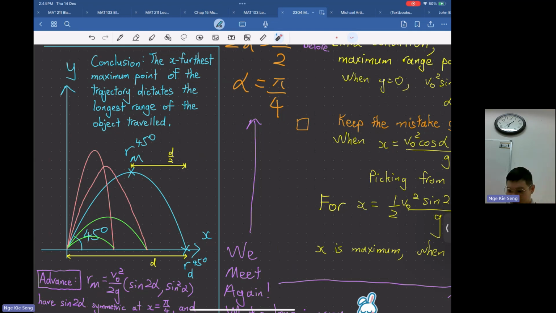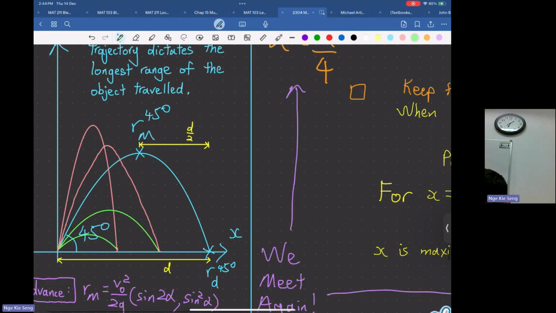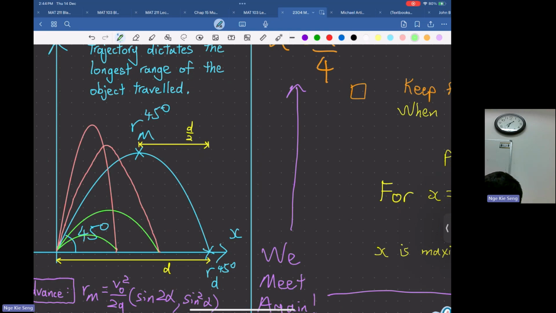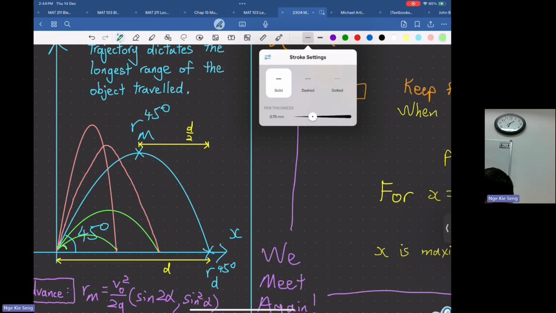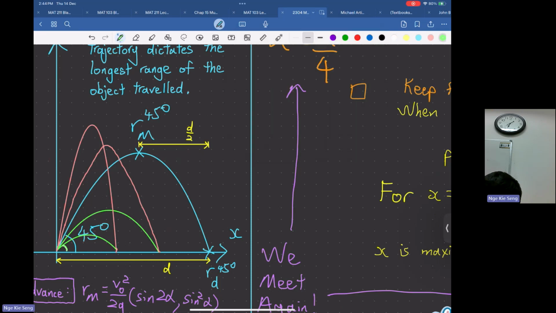Okay, so let me label some angles here, easier to say. Otherwise, too many. Let's say the first green part here is alpha 1. The second here is alpha 2.